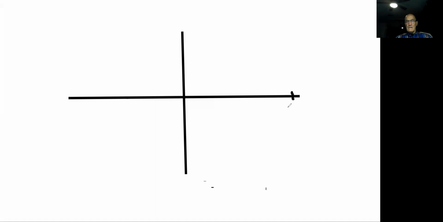So here's my 2 pi. I can go halfway in between, and this is going to be pi. And then I'm going to mark this as pi over 2, and this is 3 pi over 2. And then I come back over here and do the same thing. So I got a minus 2 pi, and I have a minus pi here. And I have my minus pi over 2 and my minus 3 pi over 2.